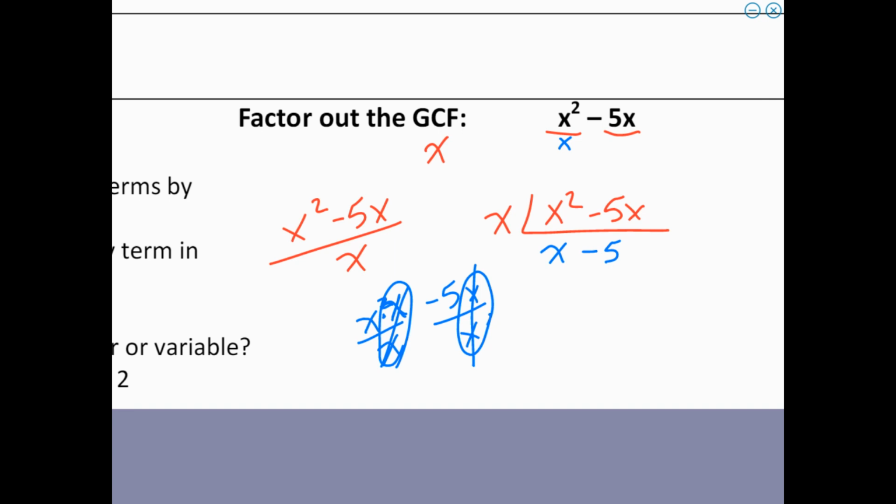So my factored form has my greatest common factor listed first, and then whatever my answer was after I divided everything by my greatest common factor goes inside the parentheses.